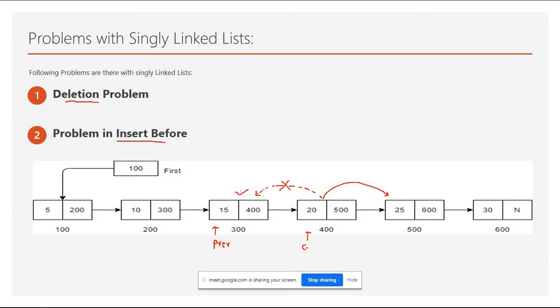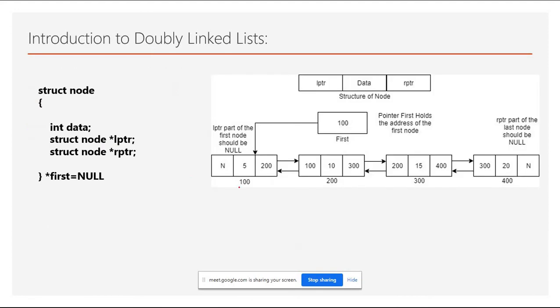If current is on 400, then previous will be on 300, and in that way we solved the deletion problem and the insert before problem.